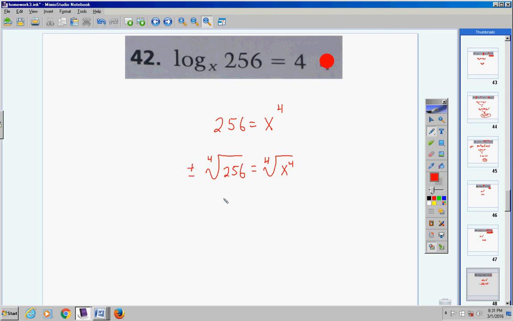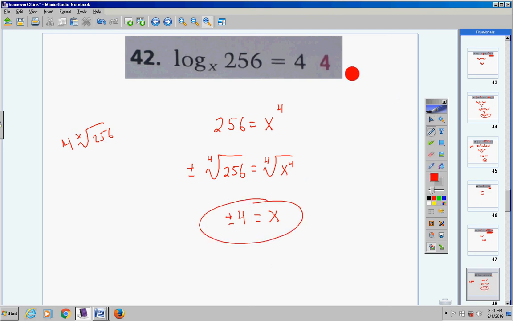Alright? Now, the 4th root of 256 is 4. But in case you didn't know that, use your calculator. If you have a grapher, type in 4 first. Then hit math. And then option number 5. And this will pop up on your screen. And then type in 256. And you'll get out 4. So the answer is positive negative 4. So you think you're done. But the answer is only 4.